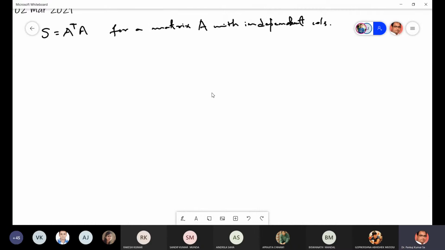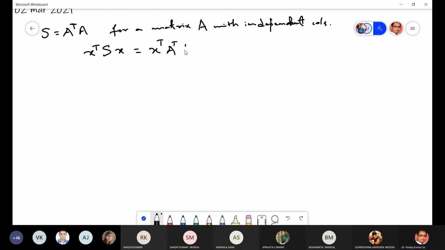Okay. So S is equal to A transpose A. The energy definition is given as x transpose Sx. What is S? S is A transpose A. And x.